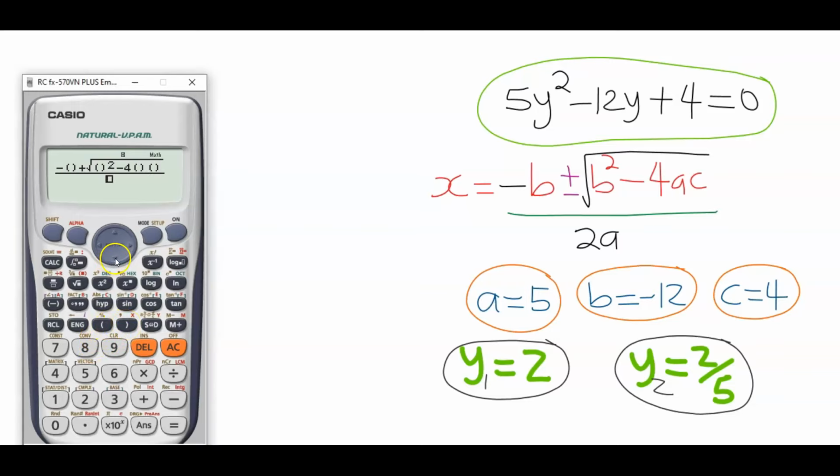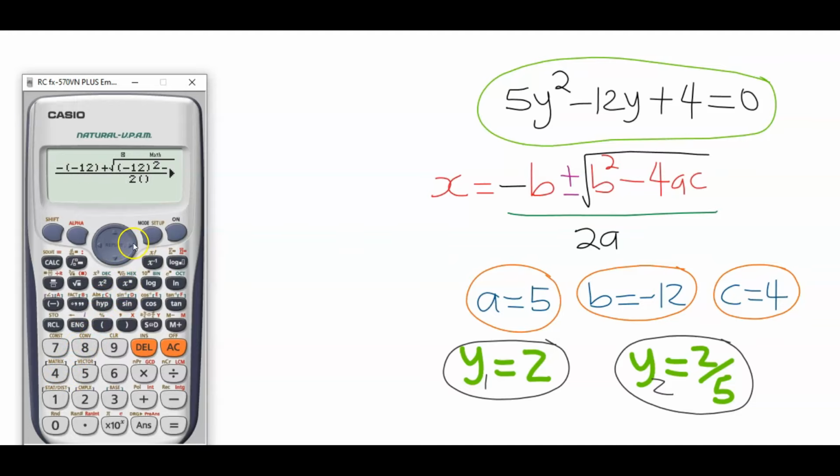Next, at the denominator, we have 2 multiplied by a. At the numerator, b is minus 12, and inside the square root, b is minus 12 squared, then 4 will multiply a. Our a is 5 and our c is 4.